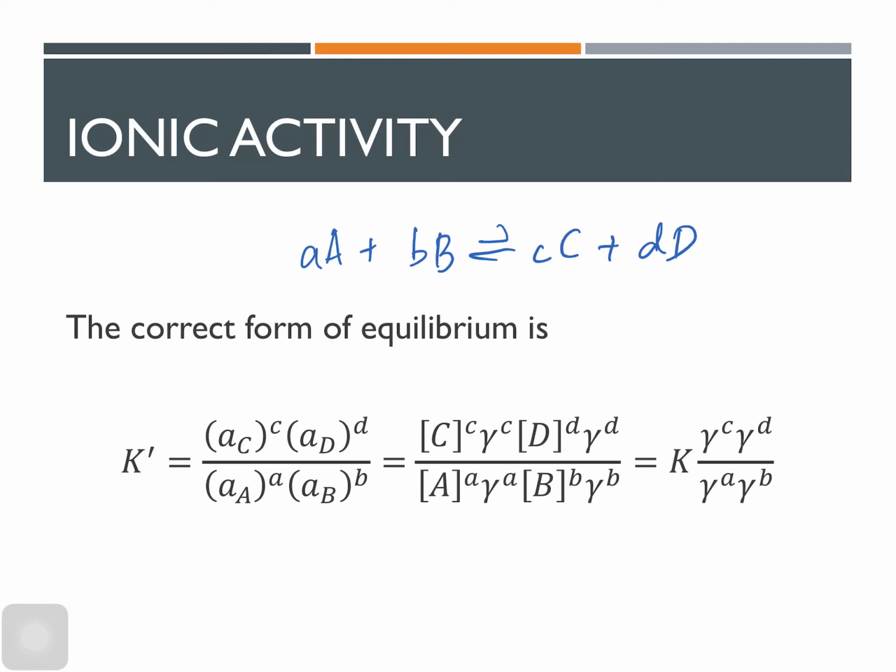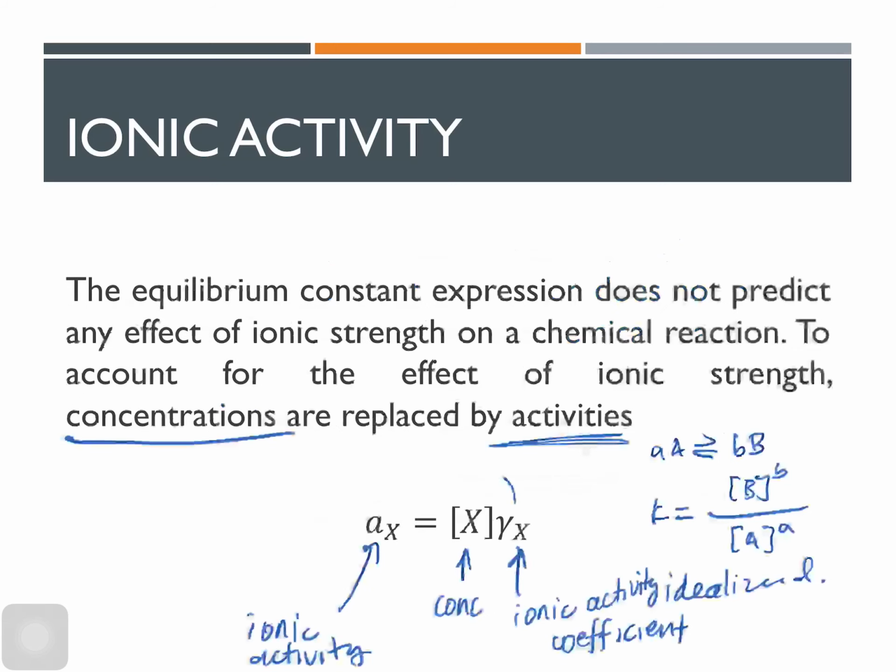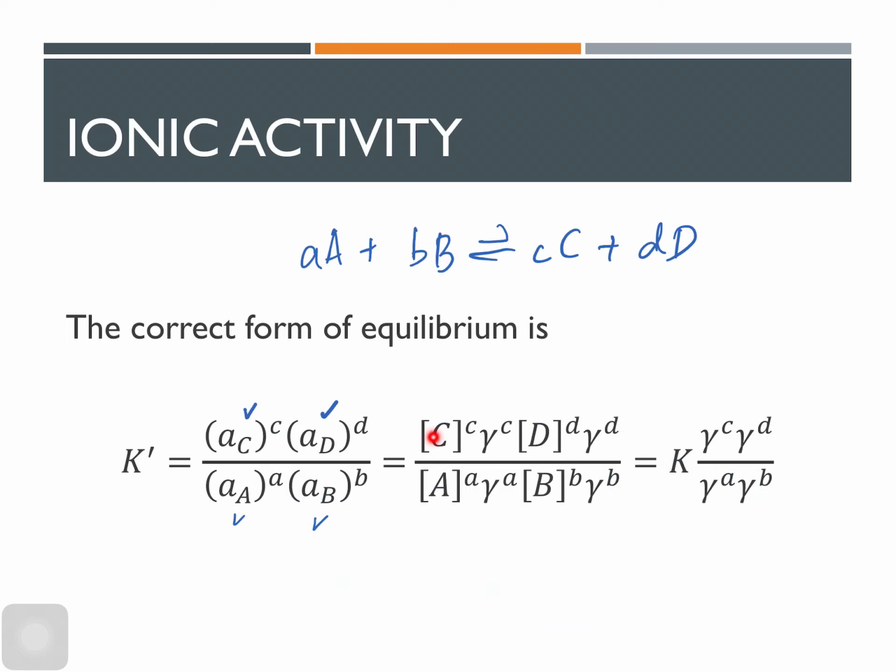So we have the activities of C, D, A, and B. Or if we substitute this equation, that becomes the concentration of C times its activity coefficient, D times its activity coefficient, and so on and so forth. Okay, so that's the idea.